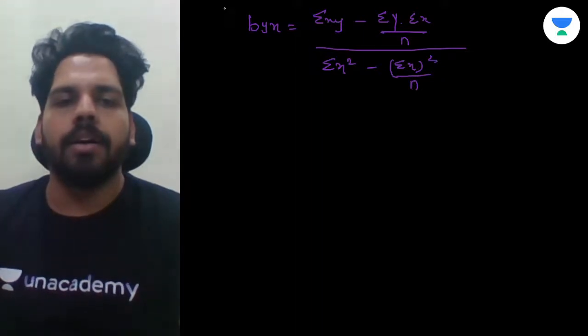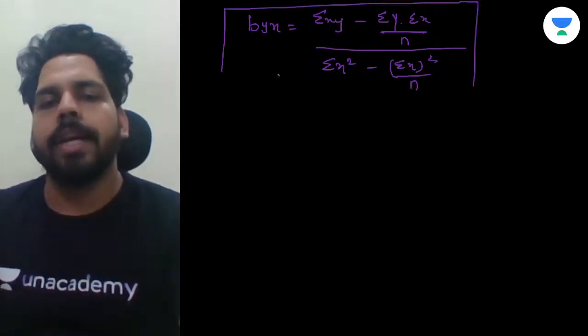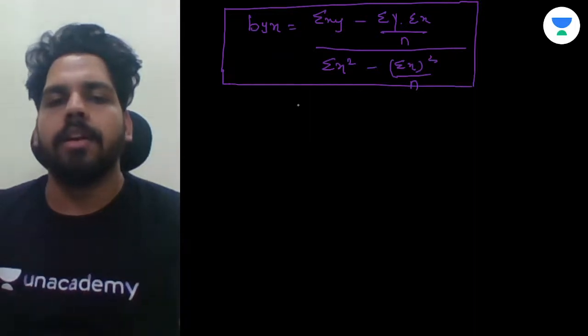So this is the formula for b of y on x, right? Now we can apply it.